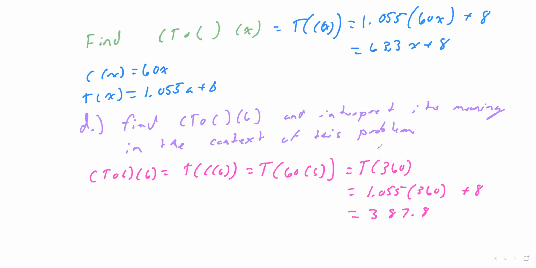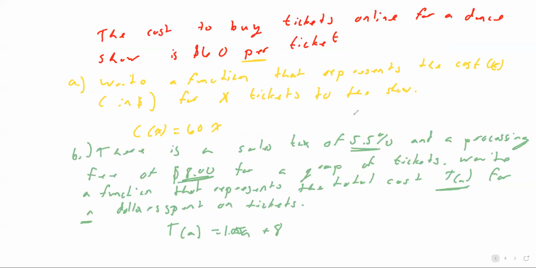But it wants you to also interpret this. Well, that first X, we go all the way back, was tickets. That's what we let X be: buy the online tickets, $60. Let X represent the tickets to the show.